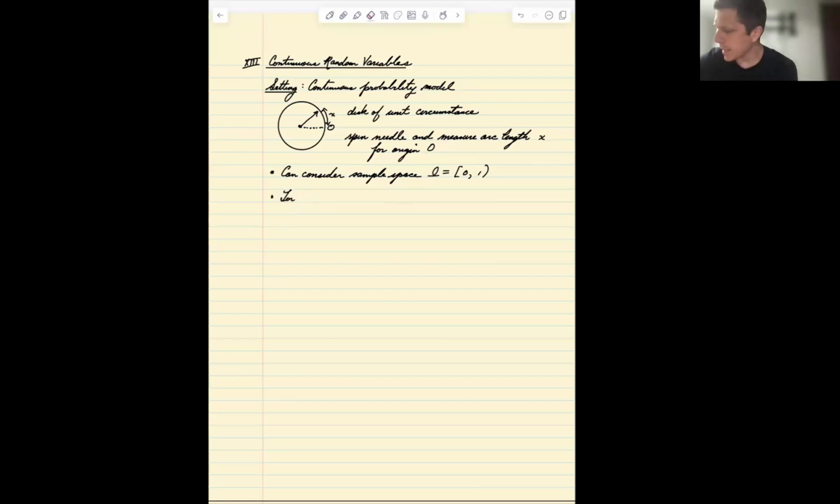For finitely many subintervals, we'll write them as J1 up through Jn, and we assume they're non-overlapping.